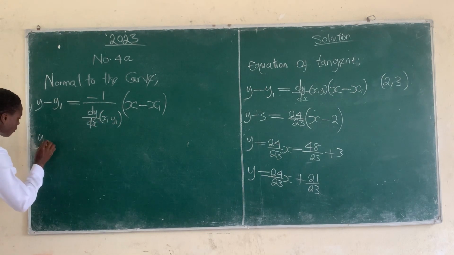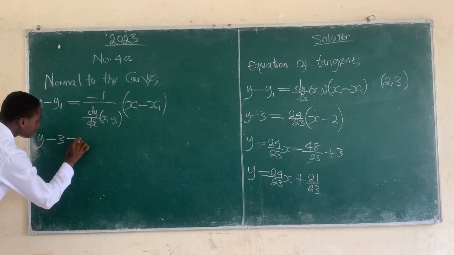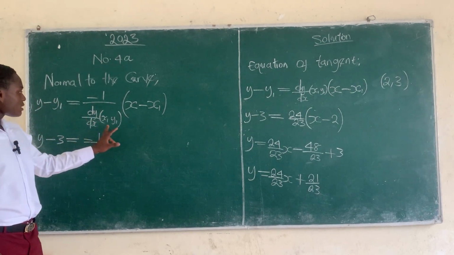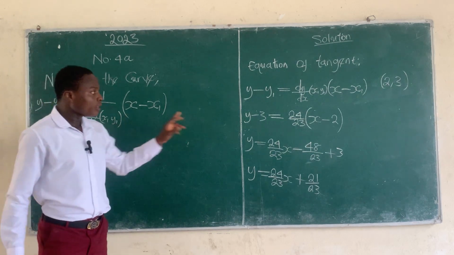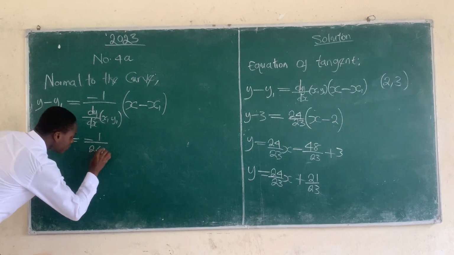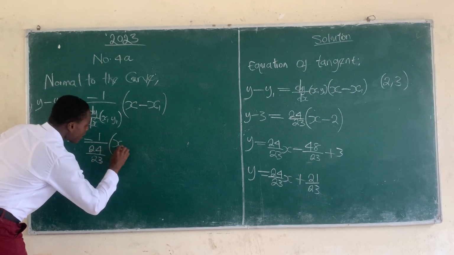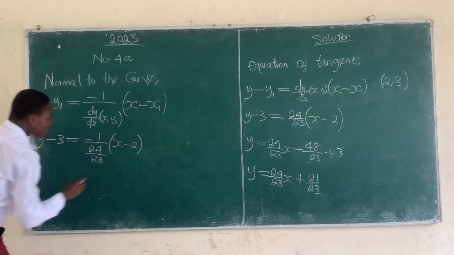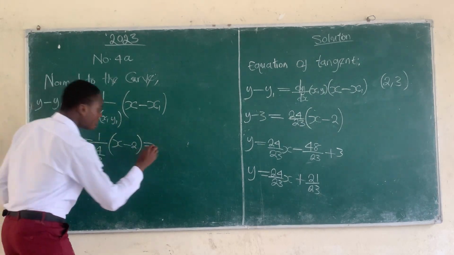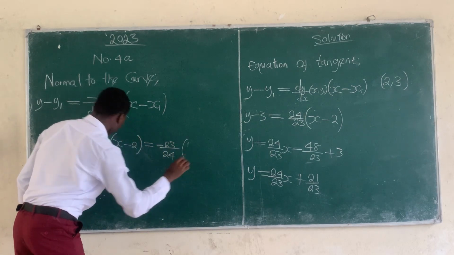So the normal to the curve becomes y minus y1, there was 3, and this is equal to -1 over dy dx at (x1, y1), which gives us 24 over 23. So we have 24 over 23 into x minus 2. Alright, so this will give us, take the reciprocal of this, you have minus 23 over 24 into x minus 2.